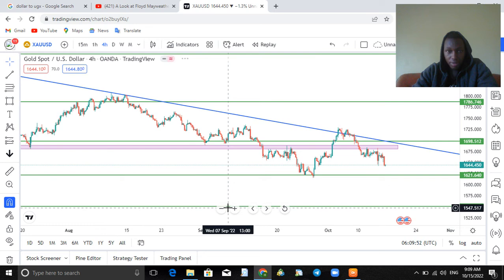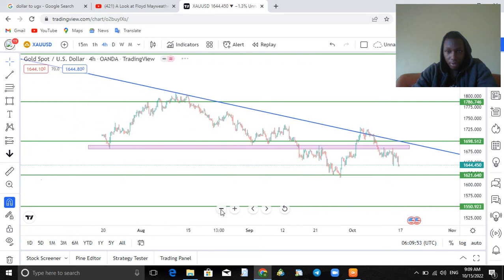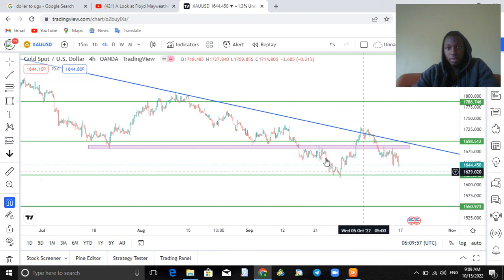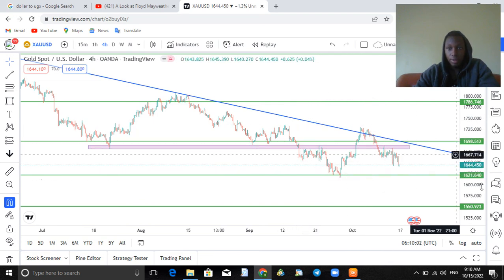Now in the 4-hour time frame, I think you can clearly see that we have a head and shoulders pattern. This is our shoulder, head, and another shoulder.